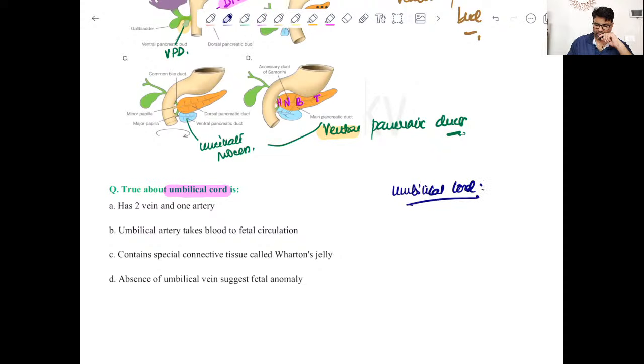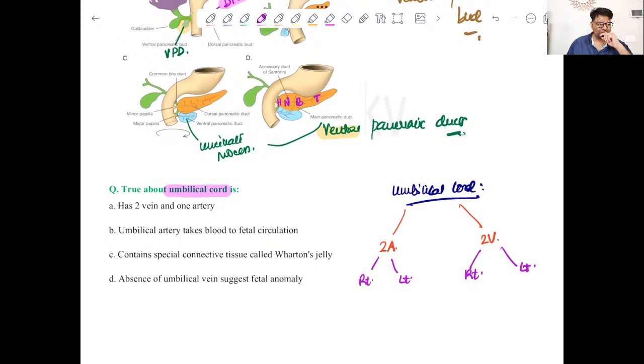Umbilical cord initially has two arteries and two veins, right, left, right, left. Okay, Sneha, Raja, I'll explain this.